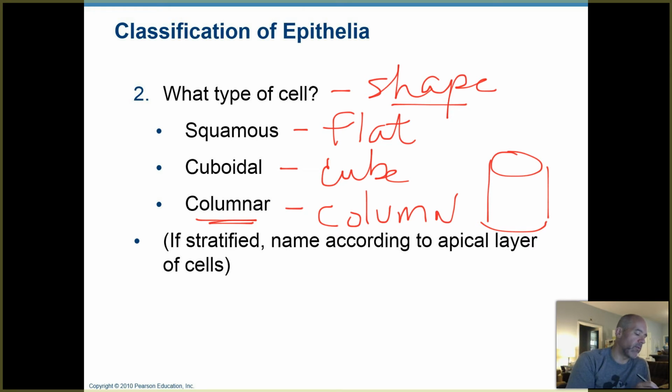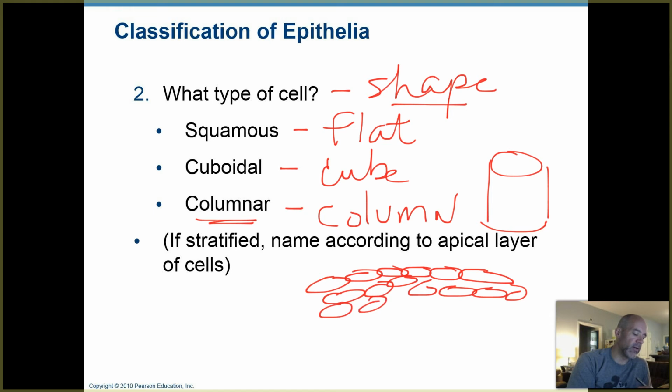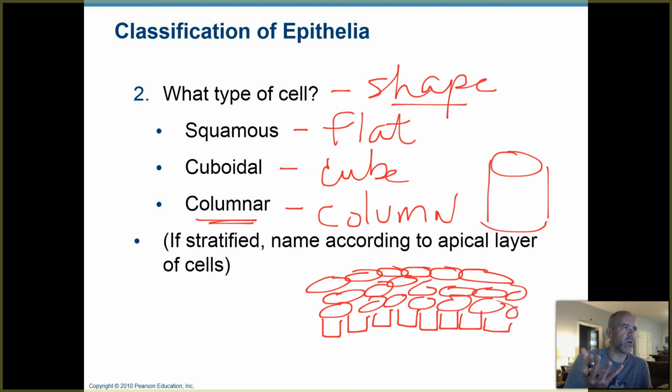And one little note: let's say you had a tissue where you had a few layers of flat cells sitting on top of some cube-shaped cells. What would you call that? It's a stratified tissue because it's layered.